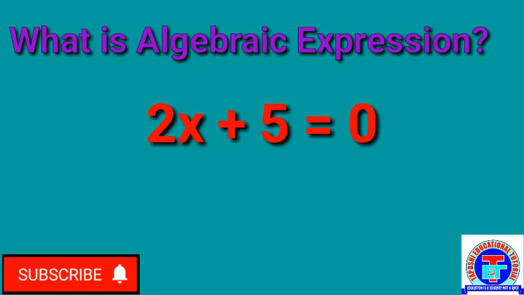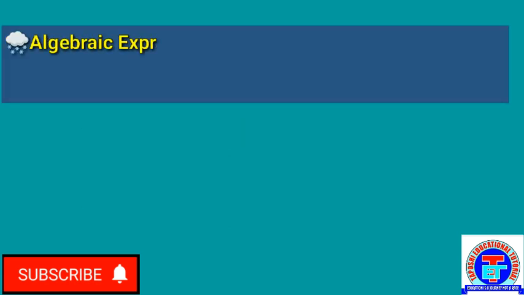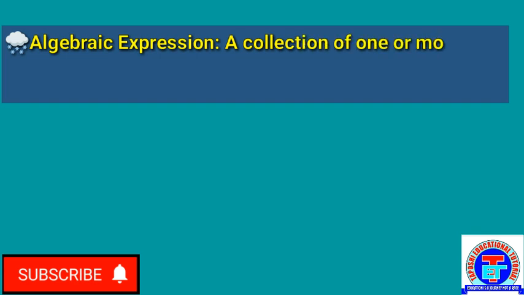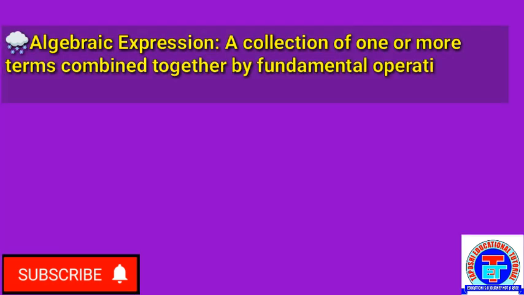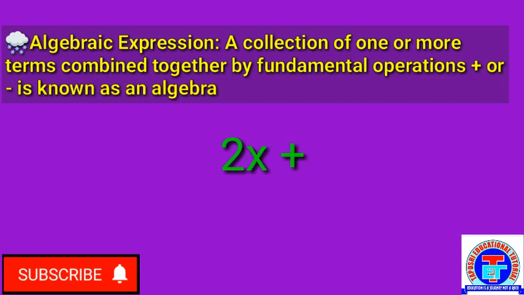Right, student? So, an algebraic expression is a collection of one or more terms combined together by a fundamental operation, plus or minus. Here, 2x plus 5 is an algebraic expression.